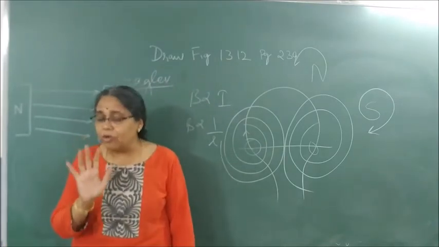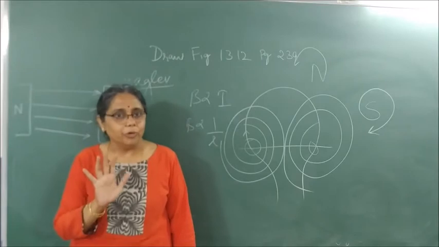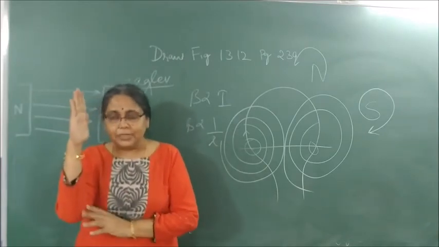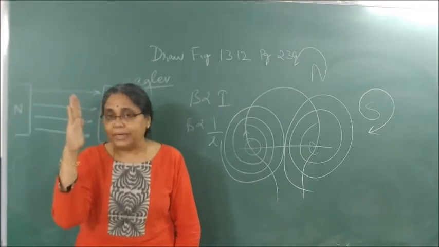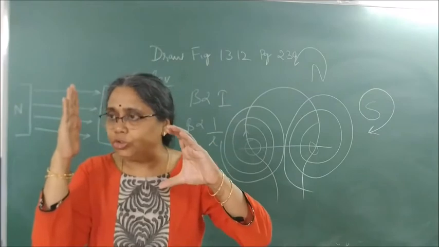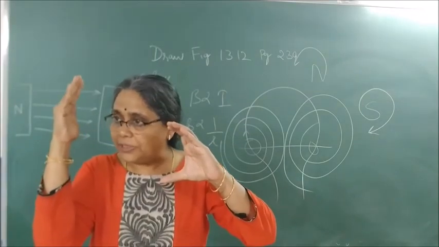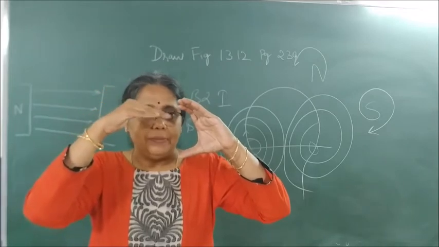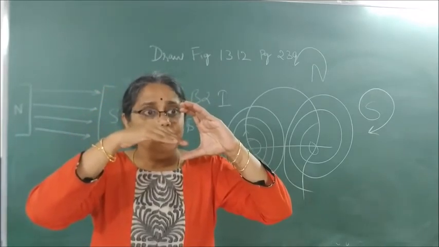The same logic we use for the electric motor. A current carrying conductor is there. It behaves like a magnet. But is this magnet very strong compared to a very strong horseshoe magnet? No. So this is the small magnet and this is Aditya. When this comes near the magnet, it experiences a force.